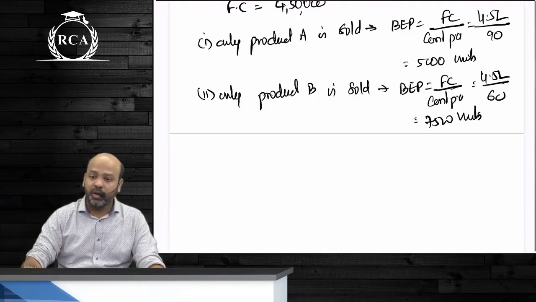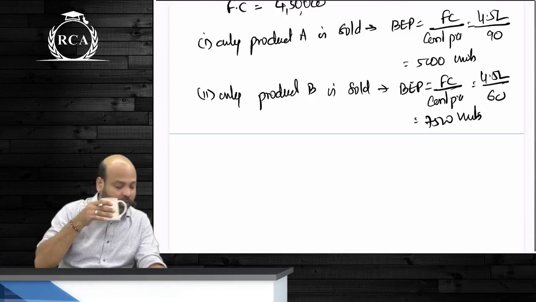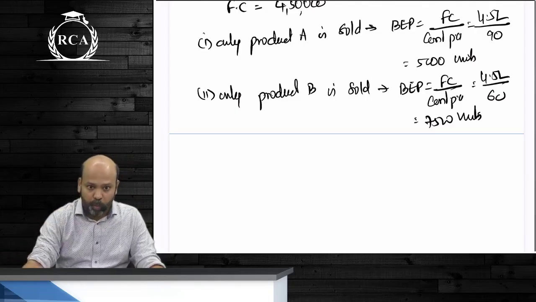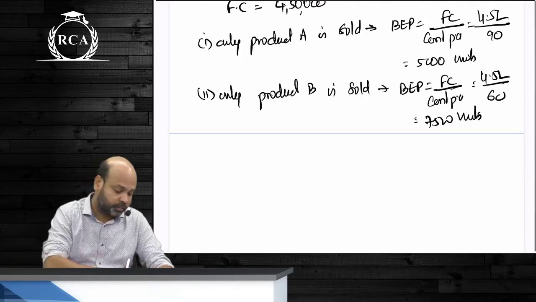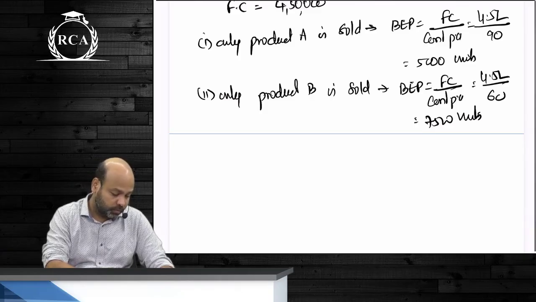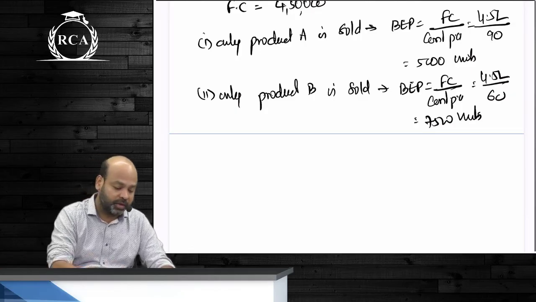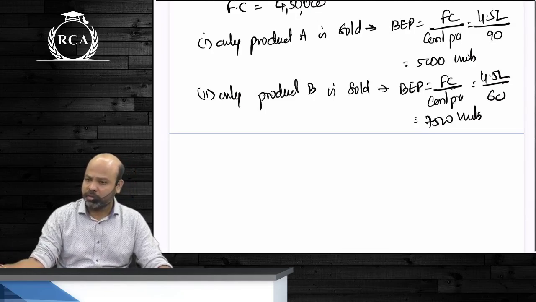Now only product A is sold, the break even point is 5,000 units. Only product B is sold, the break even point is 7,500 units. What will happen if I sell a combination of A and B? 12,500. If you sell 12,500 units, will you end up recovering 9 lakhs?